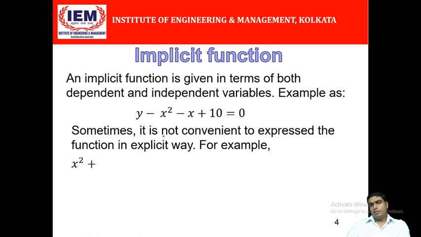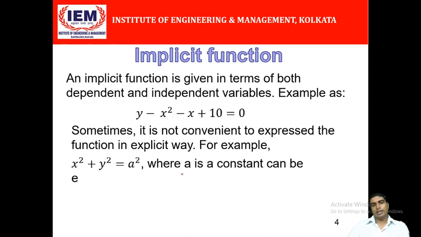Sometimes it is convenient to represent in the implicit way, because it is not easy to represent in the explicit way. Take this example. Suppose we have this equation of the circle x square plus y square equal to a square, where a is a constant.